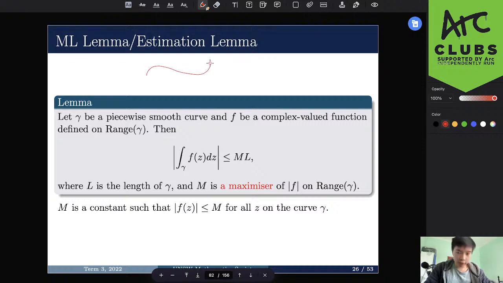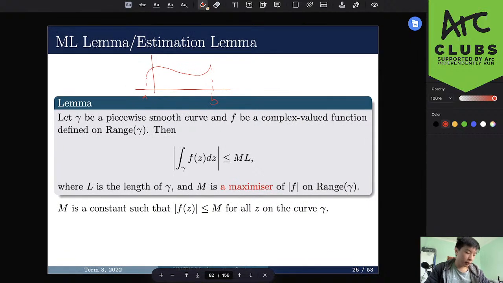So let's say we have a real curve right here that we're integrating, from this part A to this part B. Obviously, the integral is always going to be less than the highest point as our height and our width being the length of the path that we're integrating, which is from A to B. So this rectangle right here is always going to be larger than our integral.